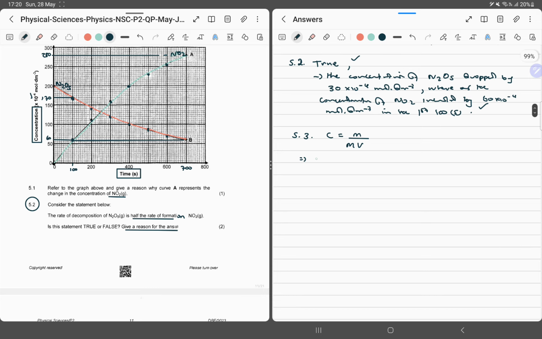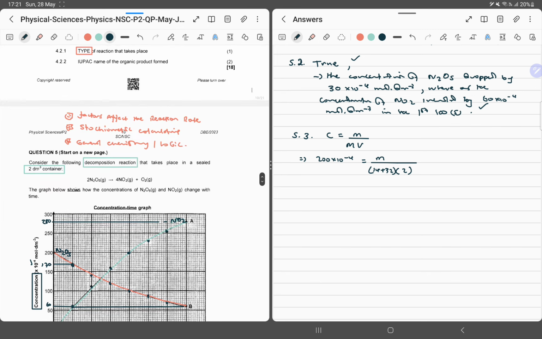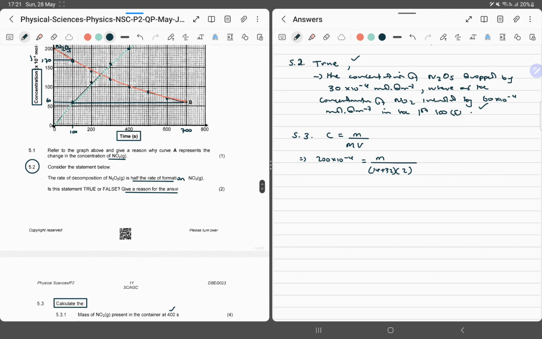Now the concentration there is 200 times 10 to the minus 4, equals what we're looking for. The molar mass of nitrogen dioxide is basically 14 plus 32, and then we're multiplying that by 2 because the volume was given as 2 decimeter cubed.